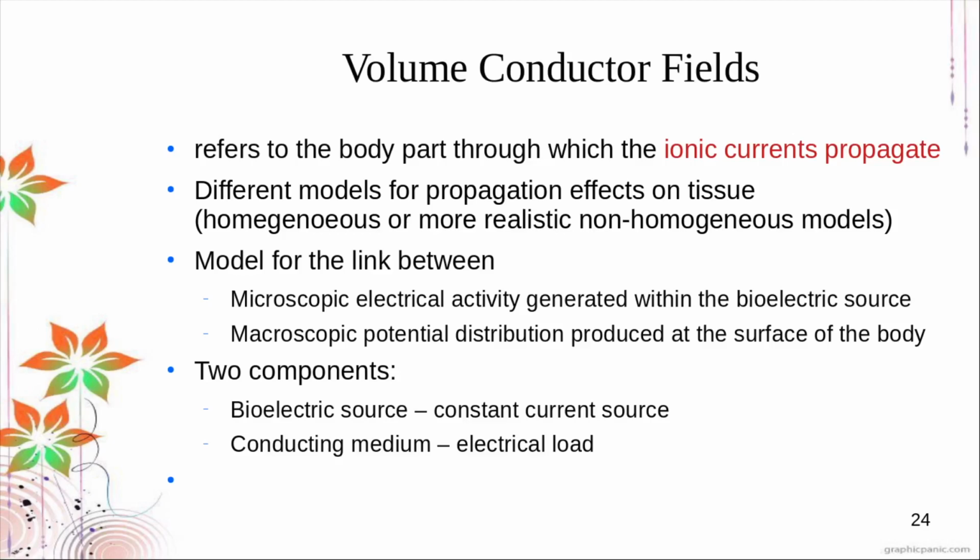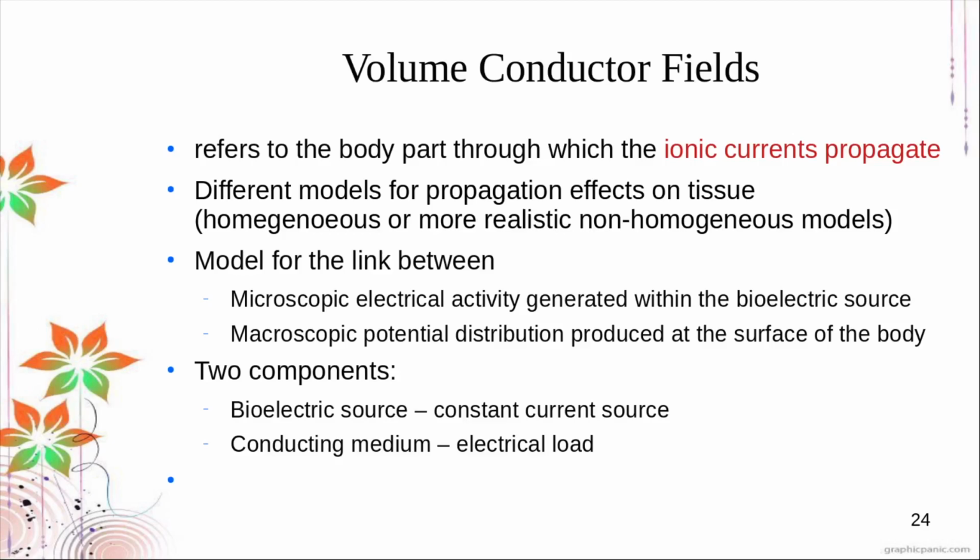So it's actually quite a challenge to develop a very, very sensitive voltage sensor. Sometimes it actually requires people to shave off hair just to measure the voltage current in the head. Now, the volume conductor fields are the body parts through which these currents must pass for the sensors to sense them.